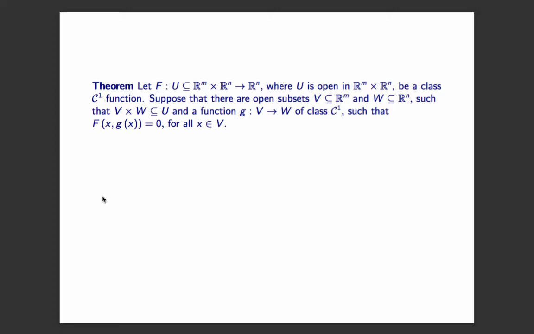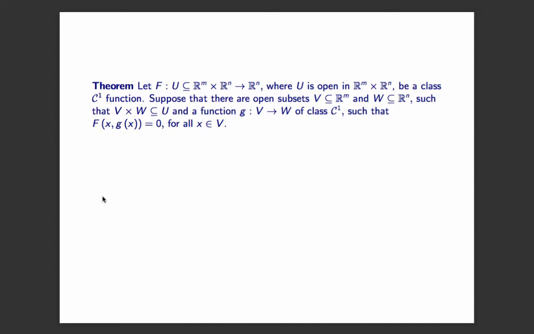Why not just let F be a function of z, where z is of length m plus n? Well, because we want to distinguish the m-dimensional part and the n-dimensional part, because the idea is to implicitly define a function from R^m to R^n.